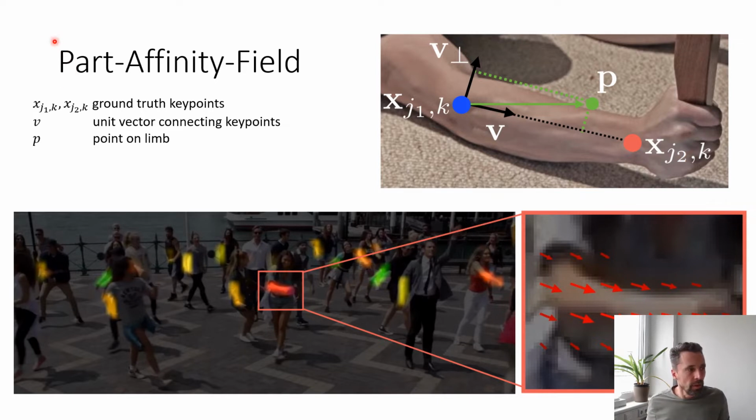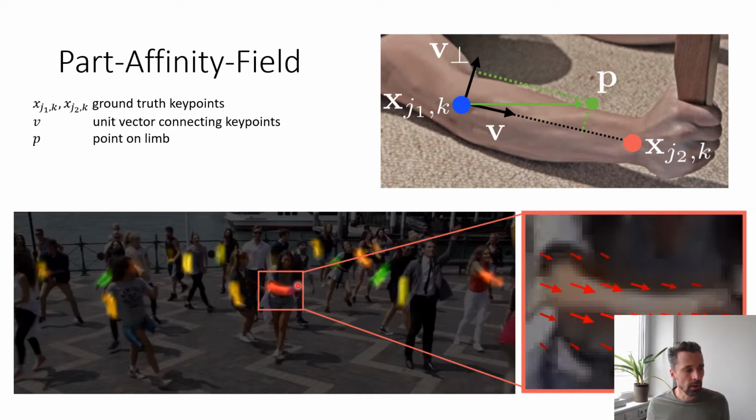The authors proposed a so-called Part-Affinity-Field as an output of the network. Those Part-Affinity-Fields encode connections between two parts, for example, elbow to wrist or to hand. The Part-Affinity-Field is a vector field, so it comes with two components, one for X and one for Y, for each pixel, right?